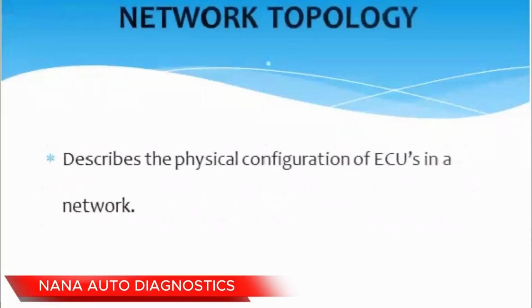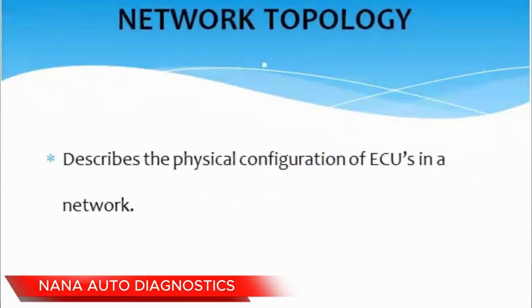The next terminology that we shall be looking at is the network topology. And this defines how ECUs are arranged in the network. So there are quite a number of network topologies, but I will restrict my discussion to only those that are relevant in automotive communication networks.